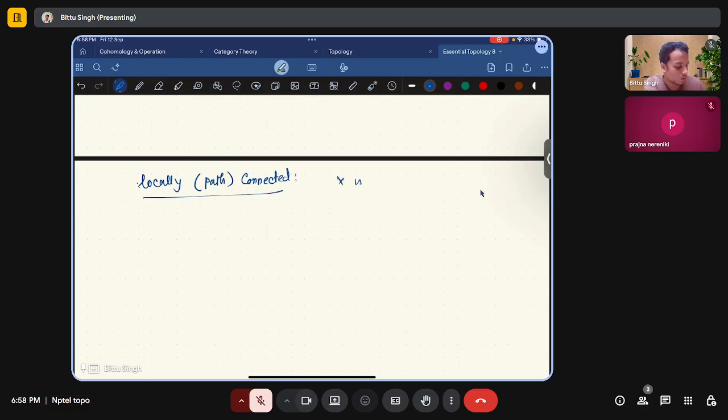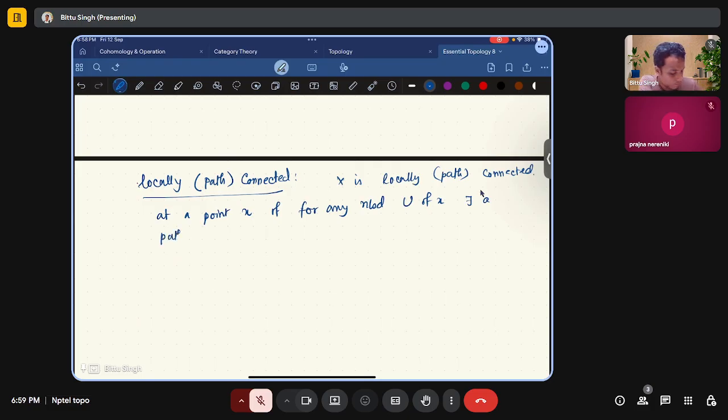So a space X is called locally path connected at a point x if for any neighborhood U of x, so take any neighborhood, neighborhood meaning an open set around x, there exists a path connected open neighborhood V containing x such that V is contained in U.